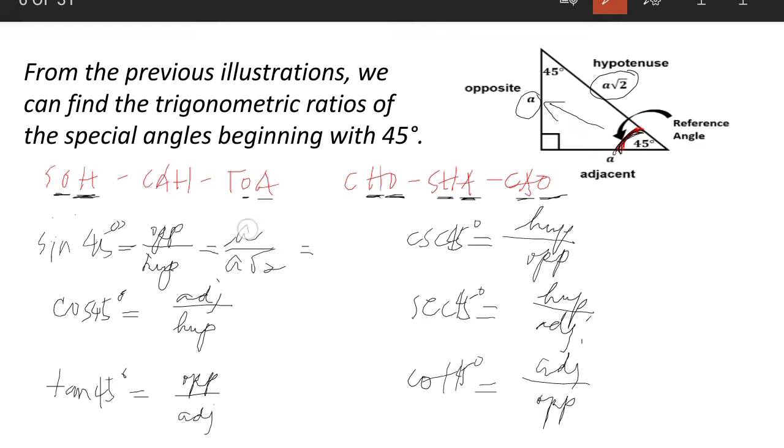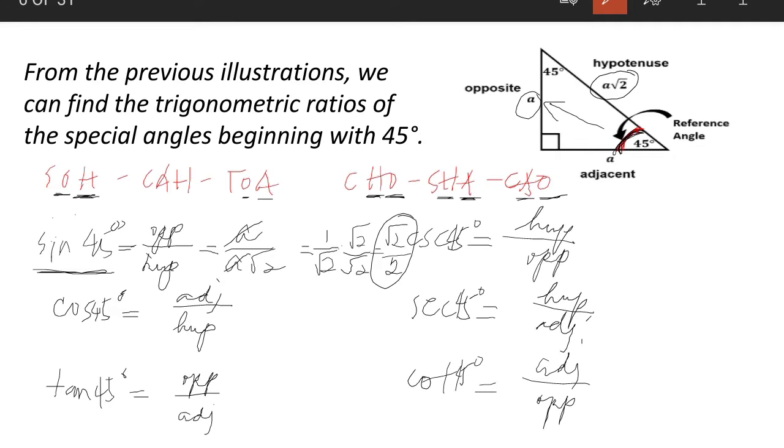We cancel out A in the numerator and the denominator, so we have 1 over square root of 2. And 1 over square root of 2 can be further rationalized by multiplying both the numerator and the denominator by square root of 2. So 1 times square root of 2 is square root of 2 over square root of 2 times square root of 2, which is 2. So sine 45 degrees is square root of 2 over 2.